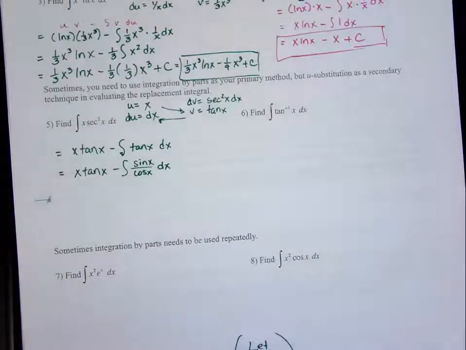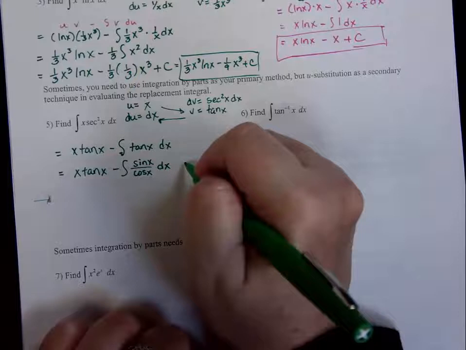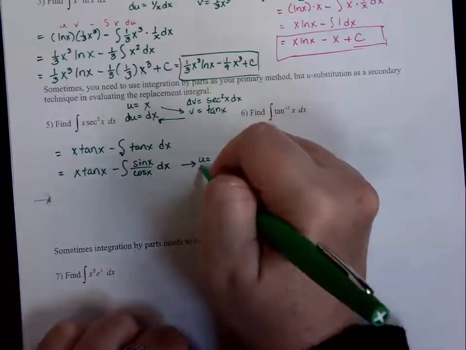Now you may be thinking to yourself, Miss Bell, you just got rid of an x and now you gave it another one. But it's okay because one is u and the other one is du. So now we have to do a regular u sub, just like before. Okay, so we're going to come out to the side. This is just plain u du only.